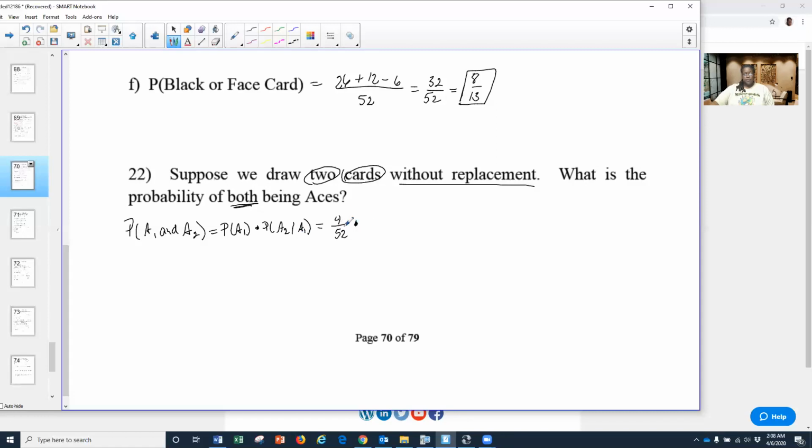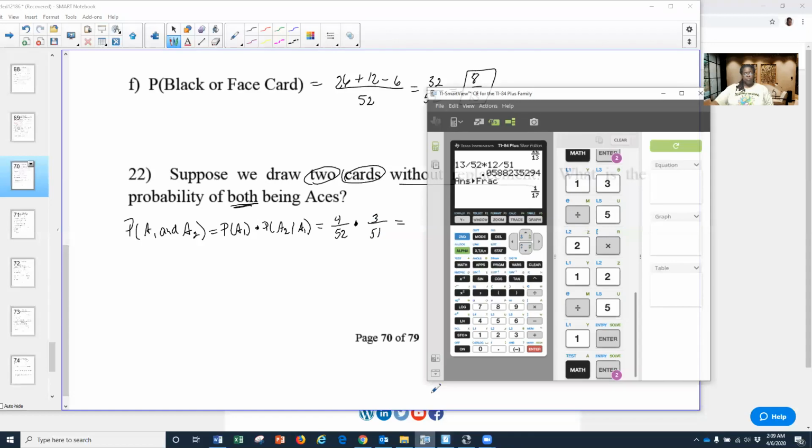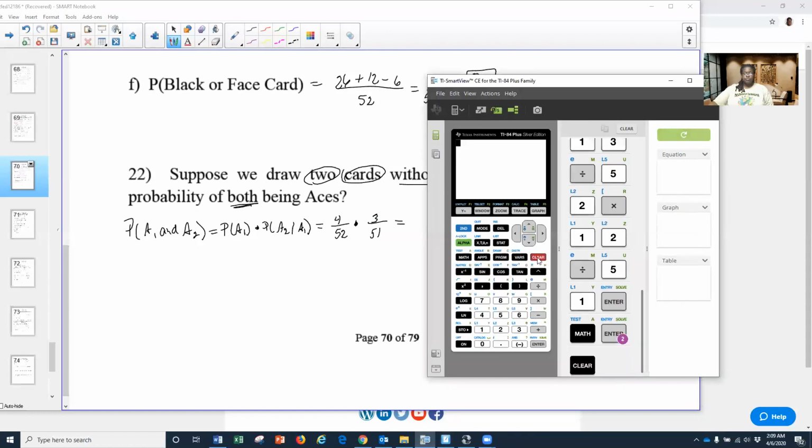Times, if this is an ace, and we don't put it back in the deck, then we're not going to have 52 cards anymore. We're only going to have 51 in the deck. And then we don't have 4 aces anymore, but we have 3 aces. So then when we do our math, here we need the calculator for that one.